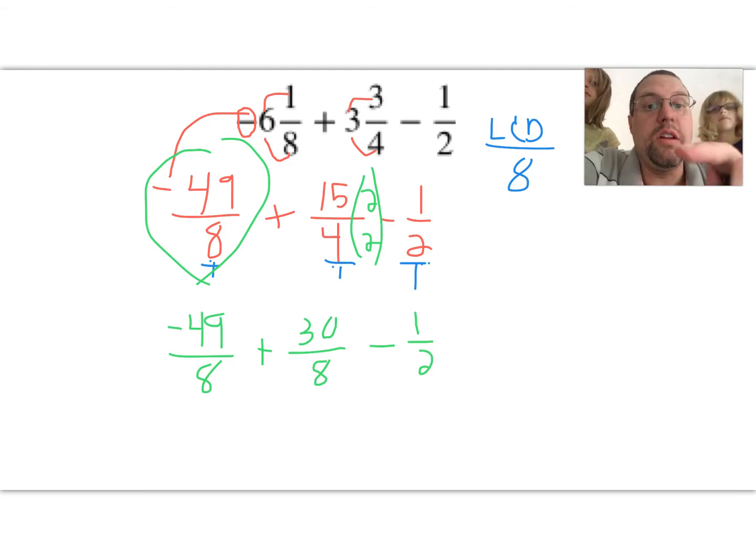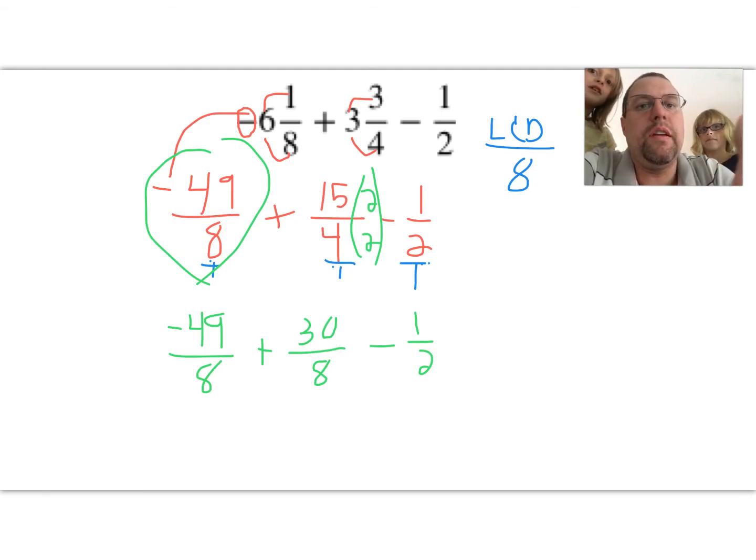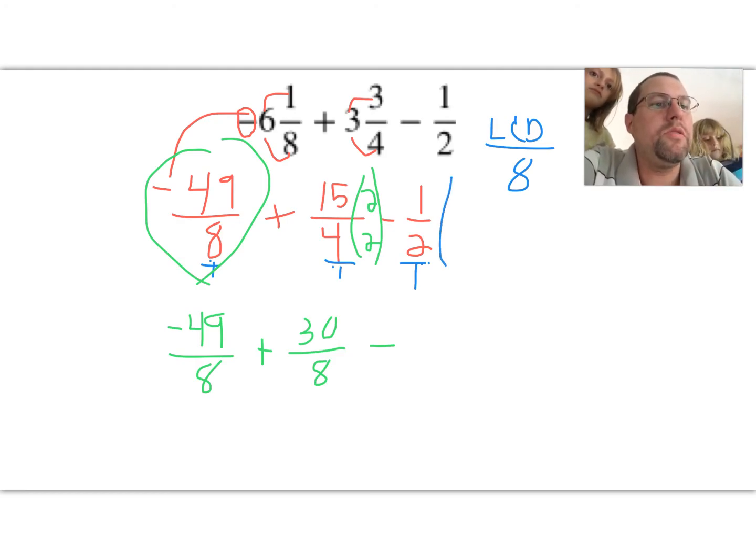Oh, whoops! I need to fix that. It should be 1/2, sorry. I screwed that up. It would be 4/8. Yes, it would. So we tweak that by 4's, and you would have 4/8.